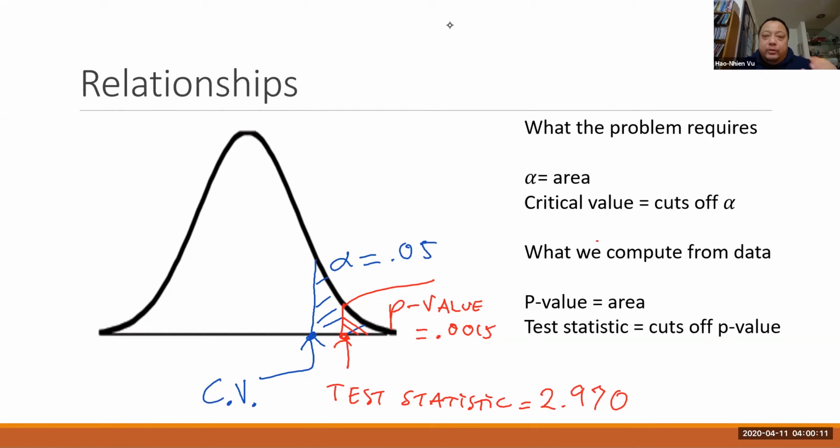Right off the bat, the problem is going to give us an area of alpha, and the critical value is what cuts off alpha. So critical value and alpha are both straight out of the problem, and critical value cuts off alpha. What we compute from the data are the p-value and test statistic. And the p-value is an area, and the test statistic is what cuts it off.